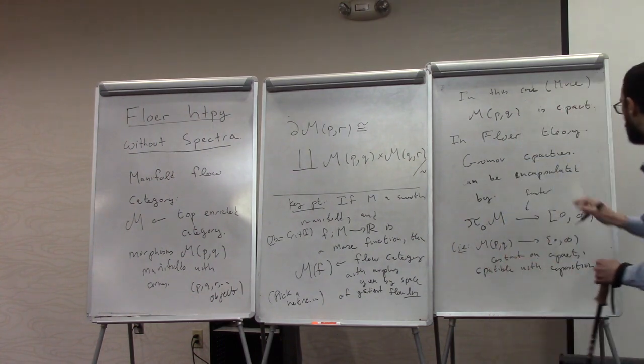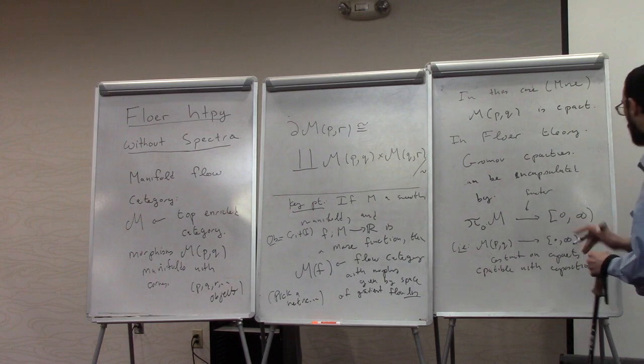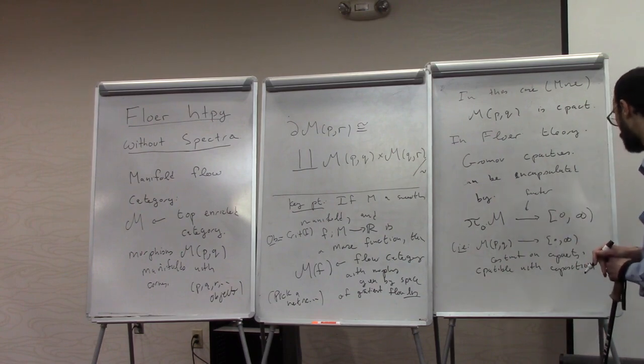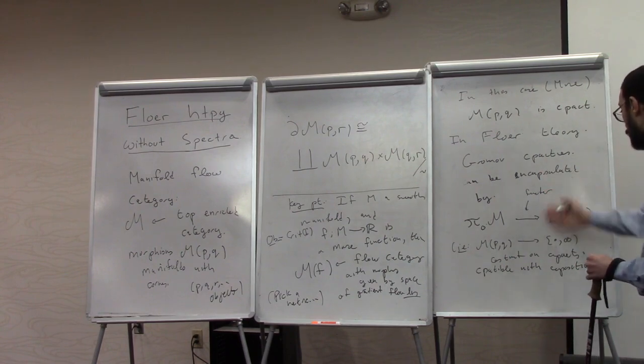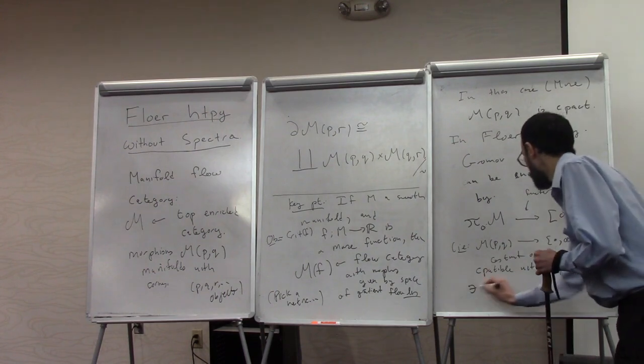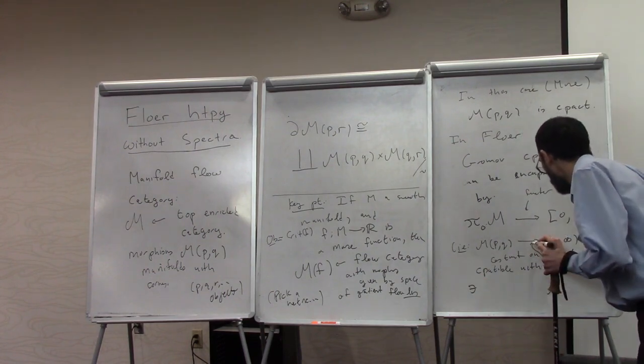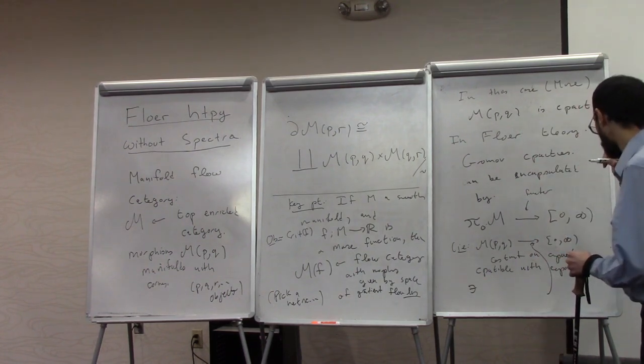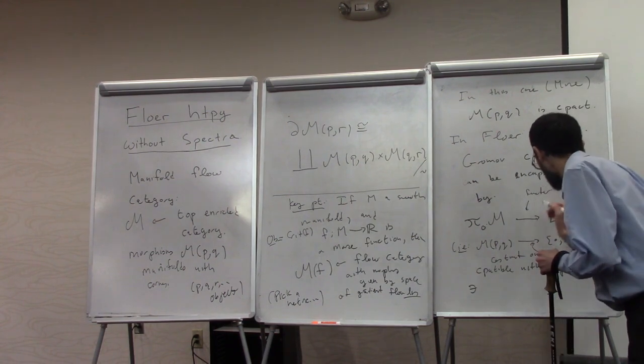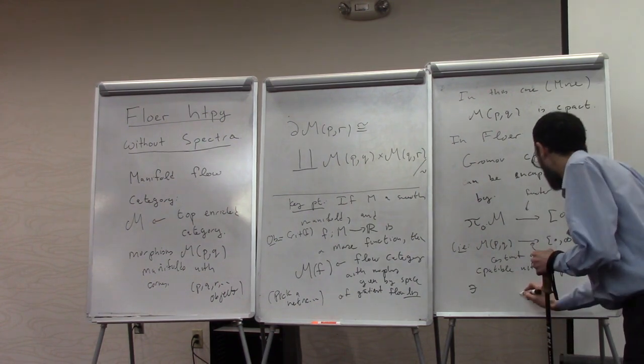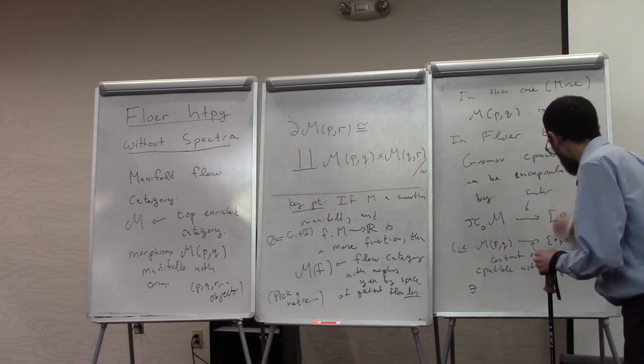This is like the category with one object, and composition here is addition. And when you have this data, you can just say you would like this map to have a discrete image and be bounded.